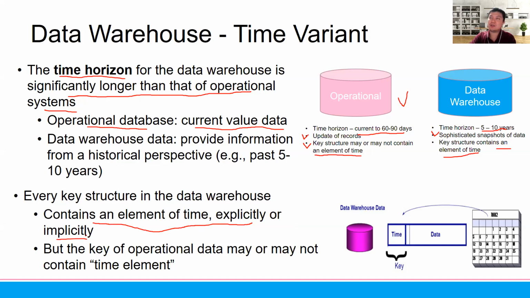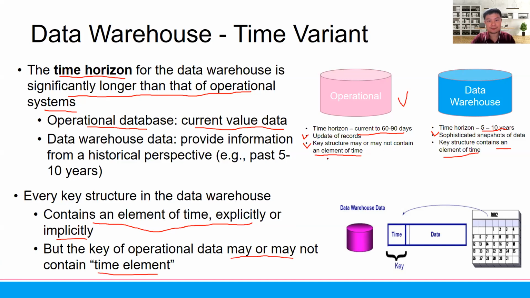In the implicit case, usually you can represent the time in Unix time, which is another format of time. And if it is explicit, it means you know that it is September 22 or September 1st, 2020. So it's very explicit to see the date. So the operational data may or may not contain a time element.